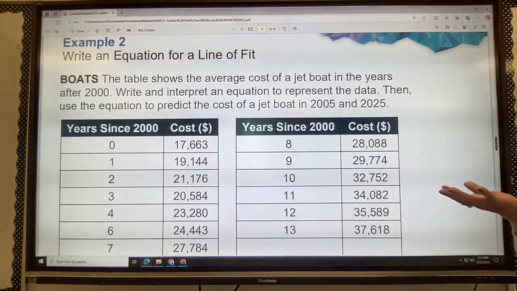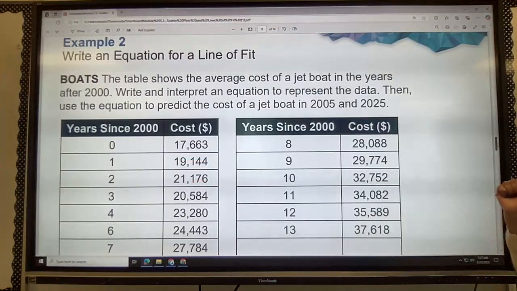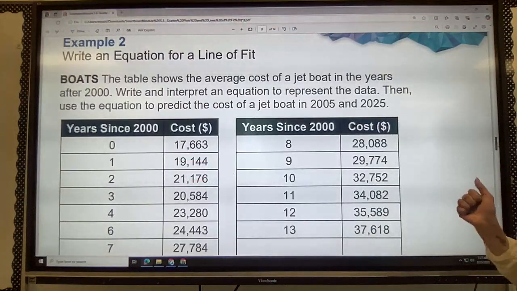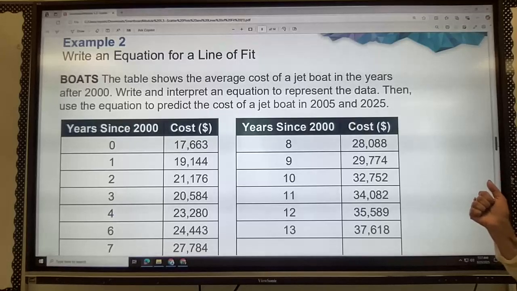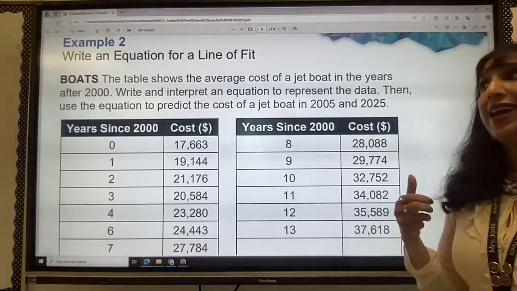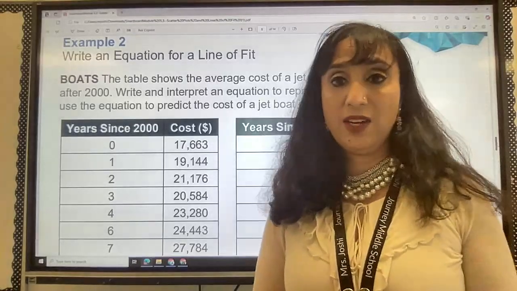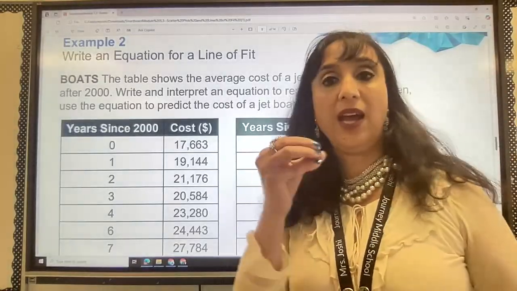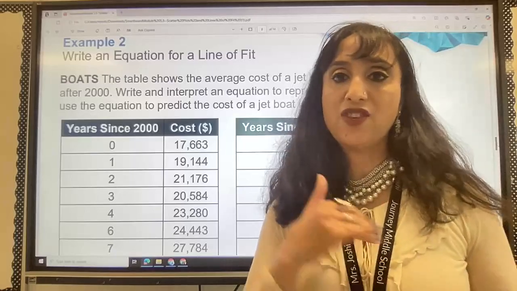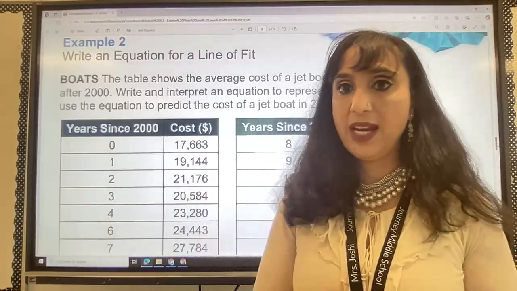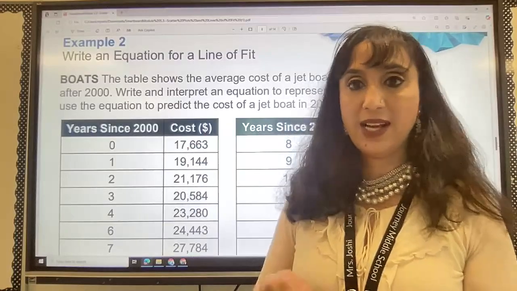And then we are going to talk about linear interpolation. It is the use of a linear equation to predict values that are inside the data range. So extra and inter. Okay, so extrapolation is outside the data range, interpolation is inside the data range.